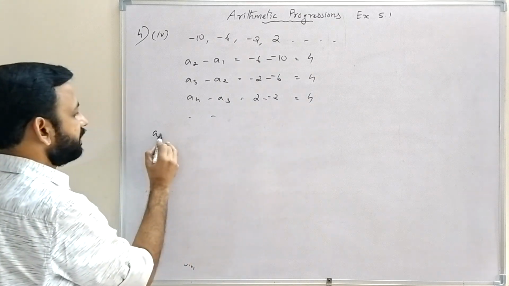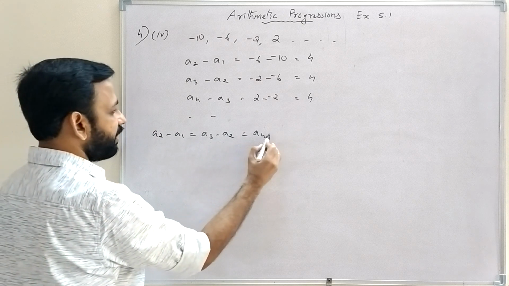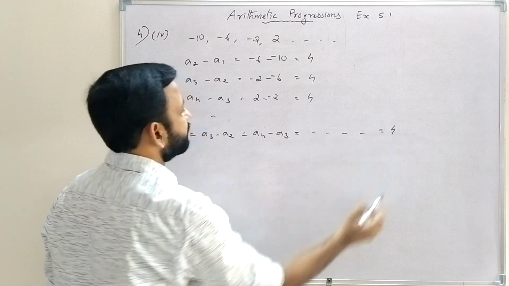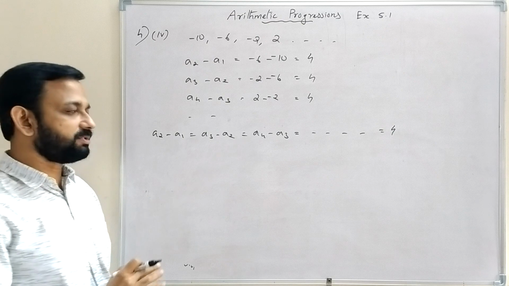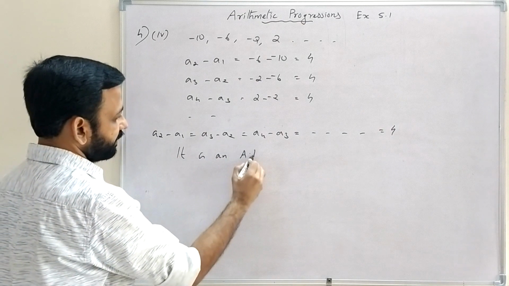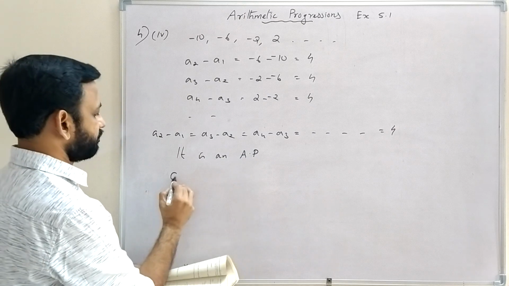So we can write A2 minus A1 equal to A3 minus A2 equal to A4 minus A3 equal to etc. equal to 4. So the difference between any two consecutive terms is equal to 4. Therefore, it is an AP. And if it is an AP, find the common difference.